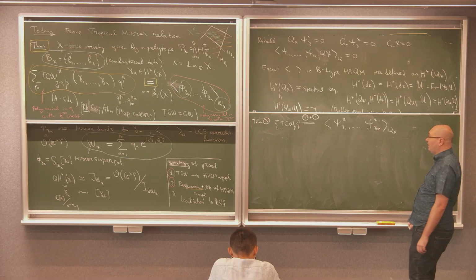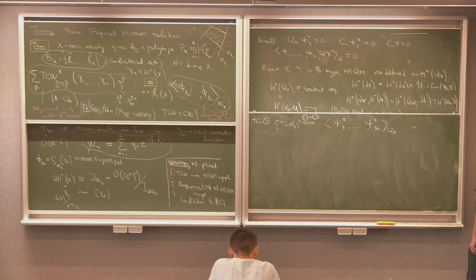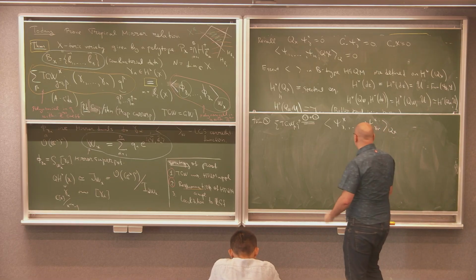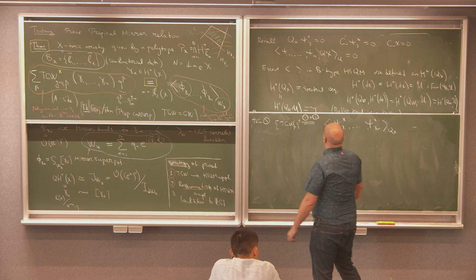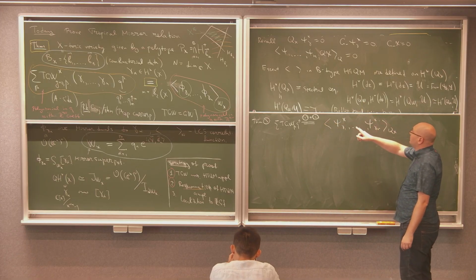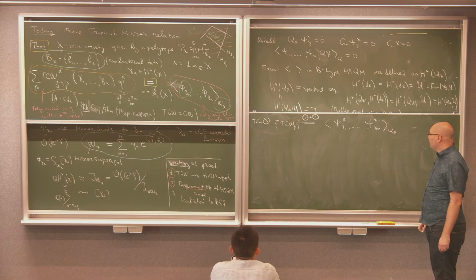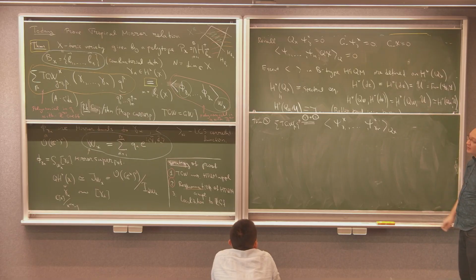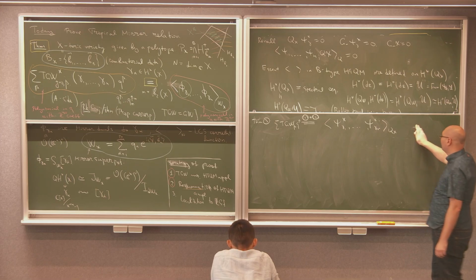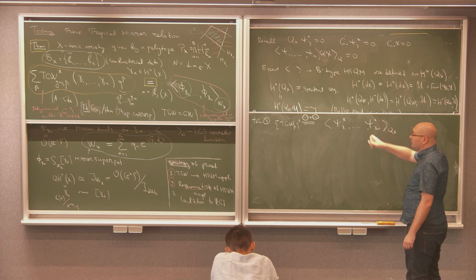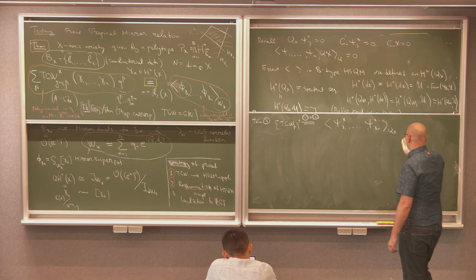That's where theorems 1 and 2 led us. Then we noticed that, due to these states psi gamma being Qx closed and G minus closed, as long as we shift them by Qx exact of G minus closed, this correlation function is unchanged.